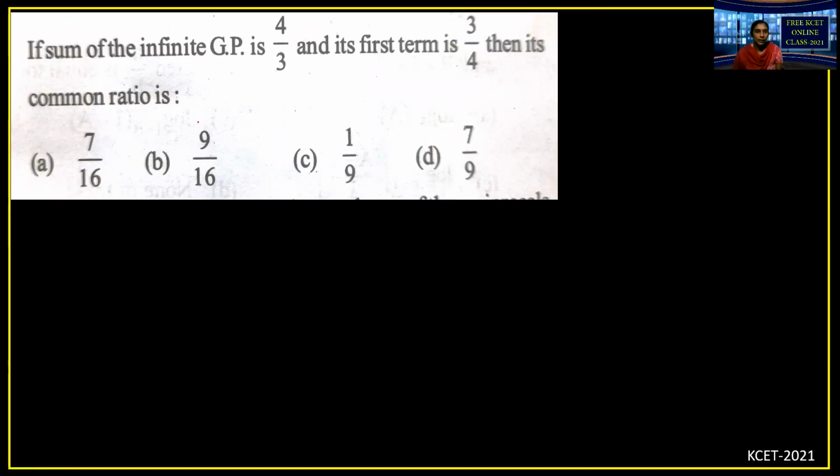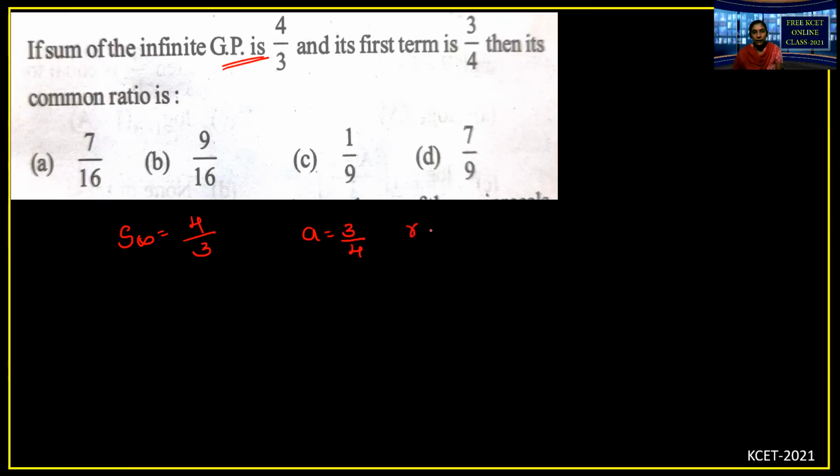Next question. The sum of the infinite GP is 4 by 3. S infinity is given by 4 by 3 and its first term A is given by 3 by 4.